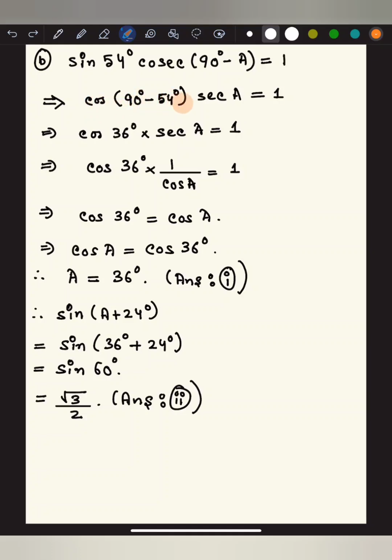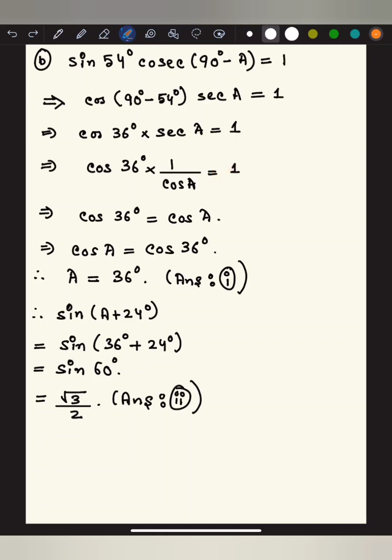So this becomes cos 36 degree, and cosec (90 degree minus a), since cosec (90 degree minus theta) equals sec theta, will be sec a. So cos 36 degree into sec a equals 1, which implies cos 36 degree into 1 by cos a equals 1, since sec a equals 1 by cos a.